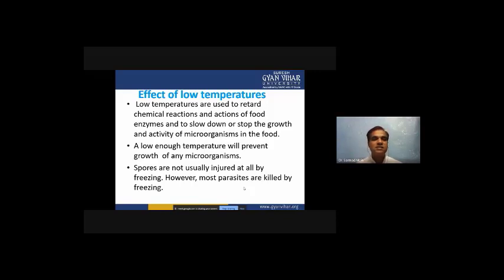If that temperature is not there, then the enzyme will not form product from substrate. A low enough temperature will prevent growth of any microorganism. Spores are not usually injured by freezing temperatures. However, most parasites are killed by freezing or low temperature.